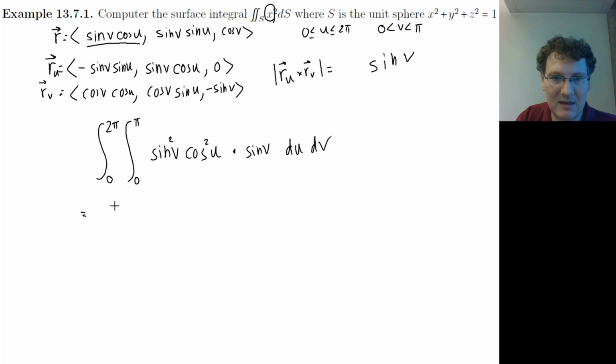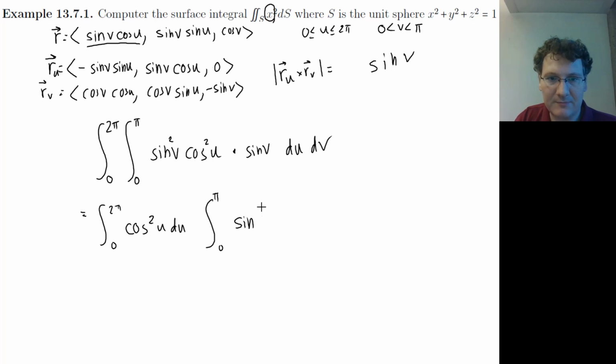So this is going to be the integral from 0 to 2 pi of the cosine squared of u du, and then the integral from 0 to pi of the sine cubed of v dv. We've done enough integrals at this point, so I'm not going to spend too much time here.